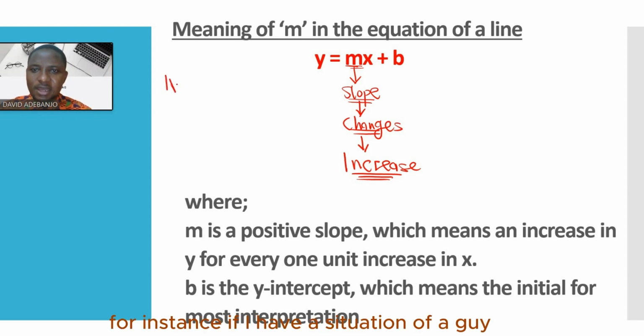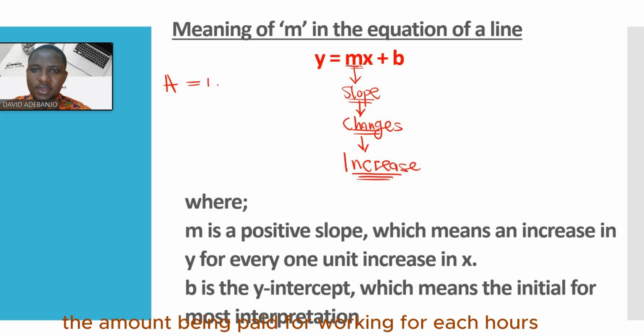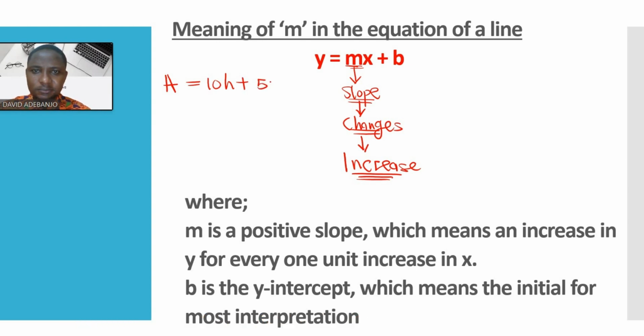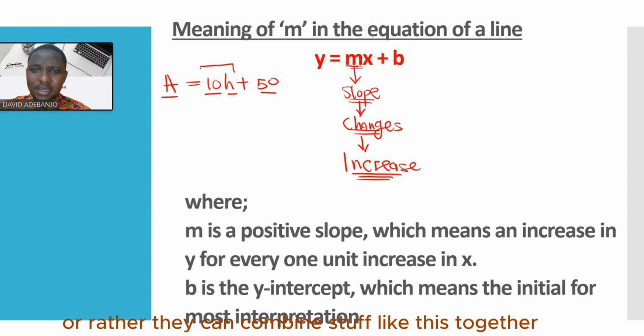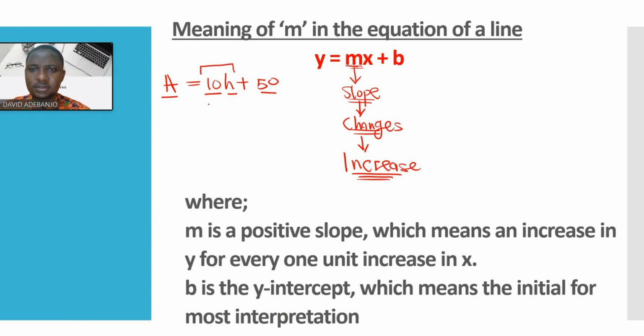For instance, if I have a situation of a guy, this is the amount being paid for working for H hours in an organization. SAT can ask you the meaning of 8, the meaning of 10, the meaning of H, the meaning of 50, or they can combine stuff like this together.